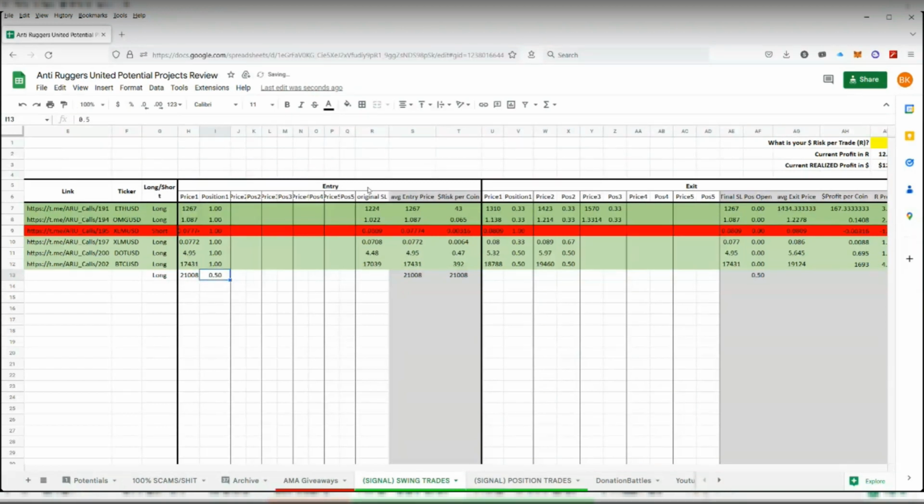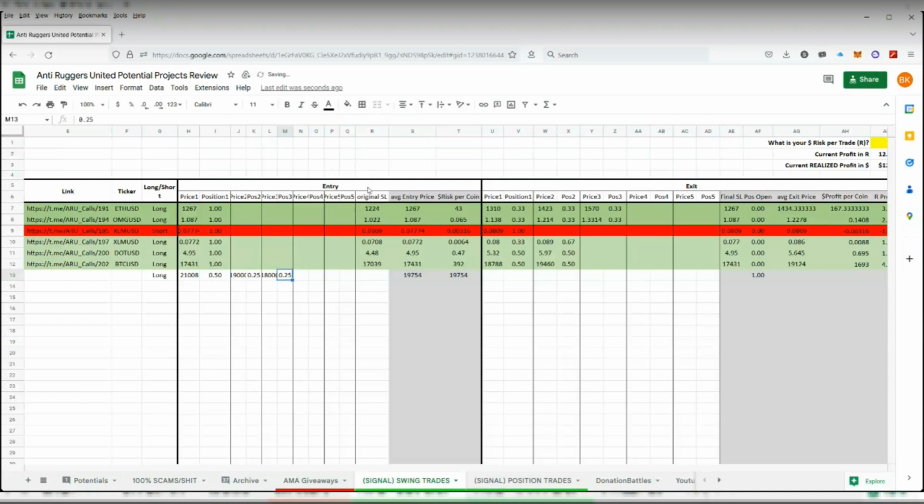Let's say you want to enter in 3 different locations. So you want to do 50% of your trade in here at 21,000. Let's say you want to buy another one at 19,000, and let's say a quarter of your position, so 0.25. And maybe another quarter of your position at 18,000. Then you put another 0.25.